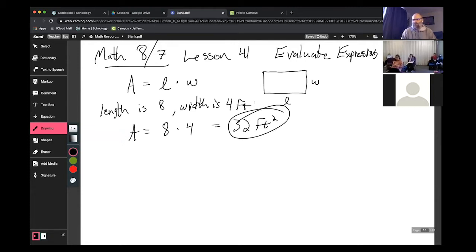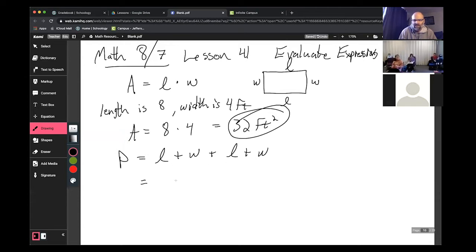You guys have done this before. You just plug in numbers and chug it out, plug and chug. Well, there's another cool thing that happens here. If I were to find the perimeter, that is L plus W plus L plus W. So you're just going all the way around the rectangle, right?